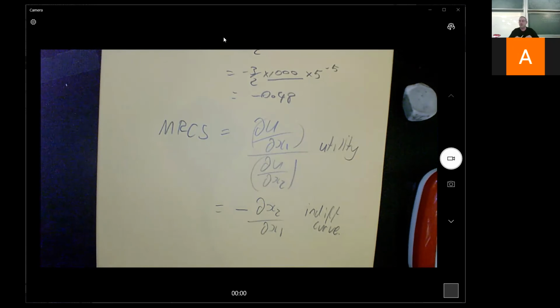Because microeconomics is, that utility curve is a microeconomics thing, the micro referring to individuals, as opposed to macroeconomics, which refers to populations. Yeah.